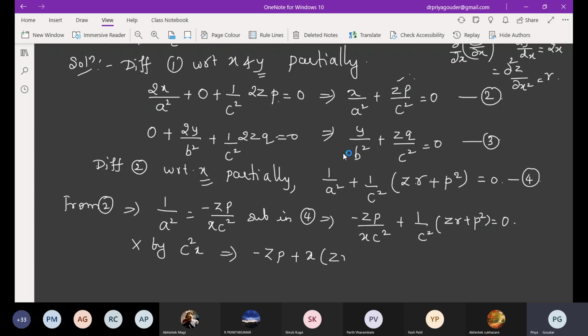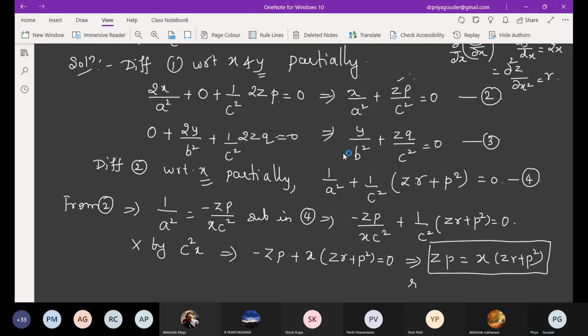So that x I will write. Same equation, I'll transfer this here. So zp is equal to x into zr plus p square. Tell me, is it free from a, b, c? Yes. So this is the required PDE.